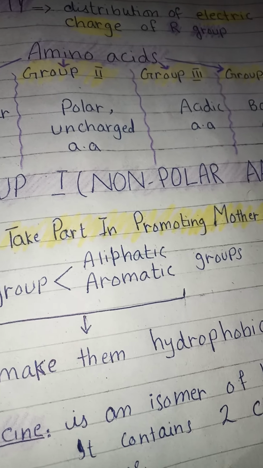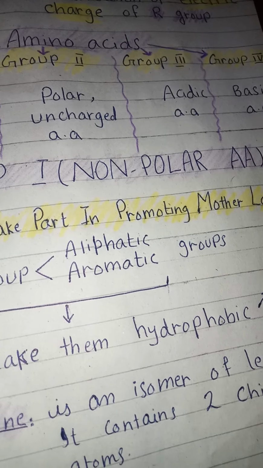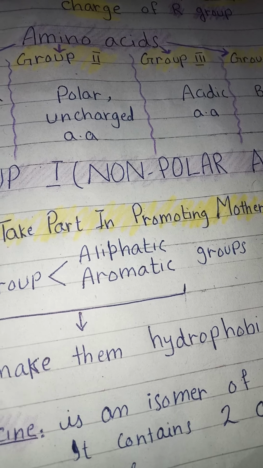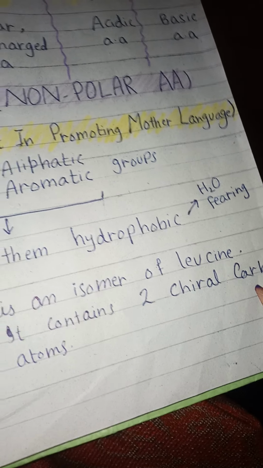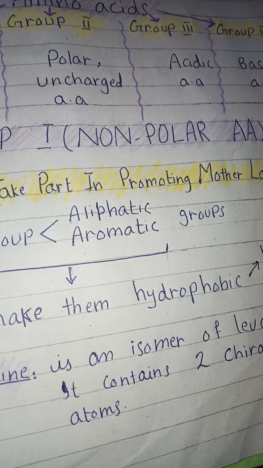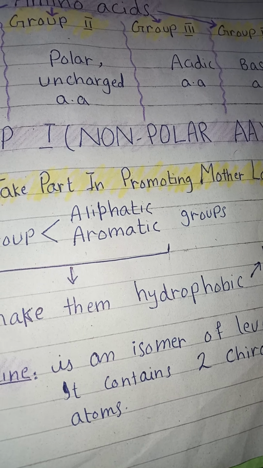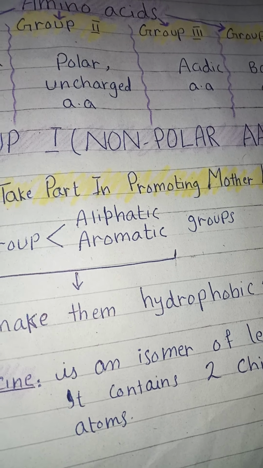If they have the same kinds of atoms, it means they have the same chemical formula. Isoleucine has two chiral carbon atoms. Now what is a chiral carbon? We refer to a carbon atom as chiral when it is connected to four different kinds of atoms or groups of atoms.